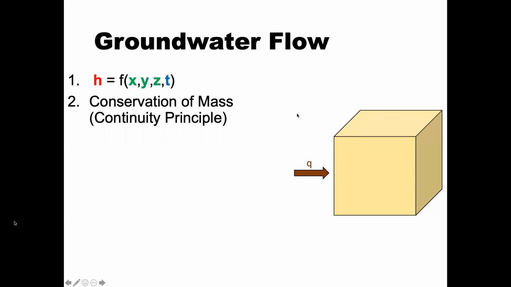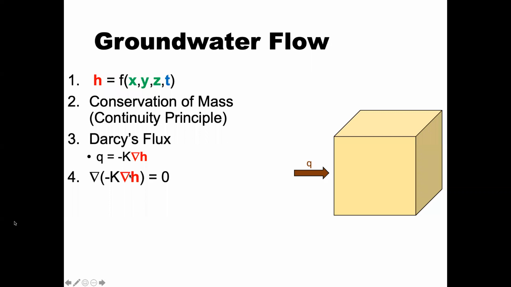We know that we can relate our head levels to this flux of water through Darcy's law. Darcy's flux, which is our volumetric flux, is equal to the hydraulic conductivity multiplied by the gradients of H. We put gradients of H like this because that gradient could be in the X, the Y, or the Z direction, which allows us to talk about it more simply.